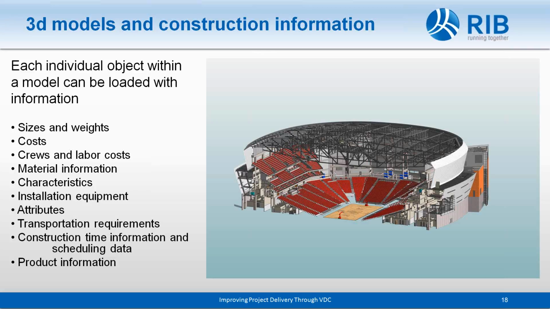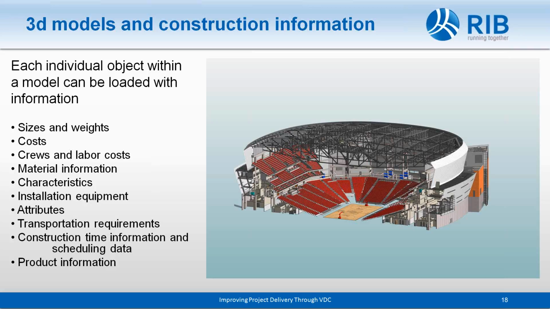Okay, and each of these objects represents something within the project. Okay, and each of these model objects can be loaded with that information listed over there on the left, plus much, much more. Okay, this is just a partial list of some of the information that can be loaded within the objects in the model.